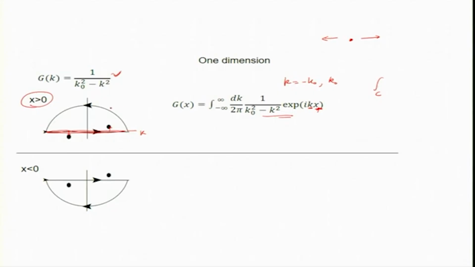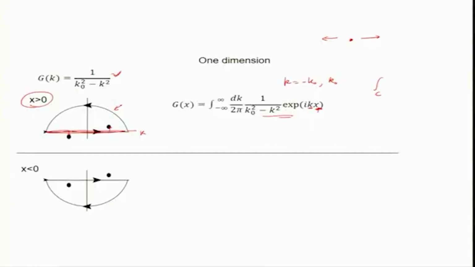I am extending my k to be complex because it is going in the full complex space. So, since x is positive, I will get 0 if I choose my semicircle in the upper half, right, Jordan lemma, we did that. So, I close from the top.